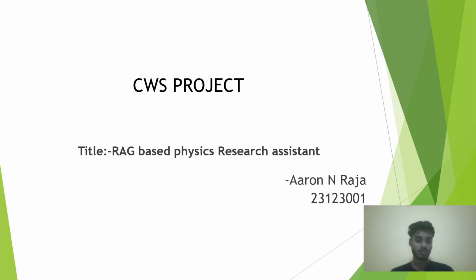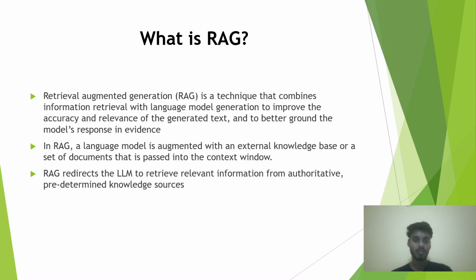So the project I worked on was a RAG-based physics research assistant. So what is RAG? RAG stands for Retrieval Augmented Generation. It is a technique that combines information retrieval from a supplied data set or a PDF or a web page, so basically anything that contains data.